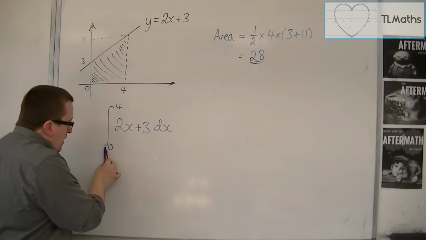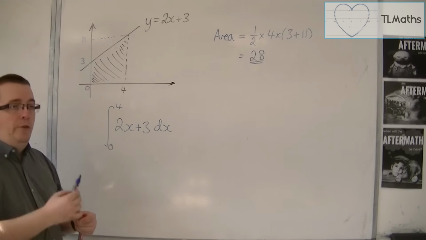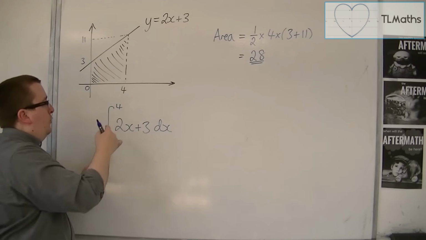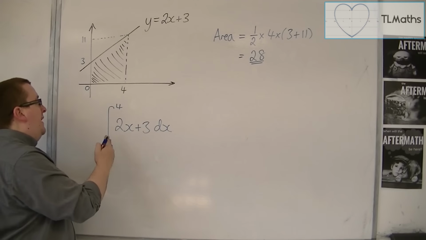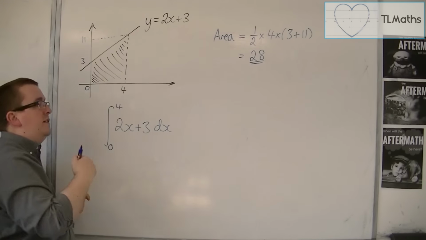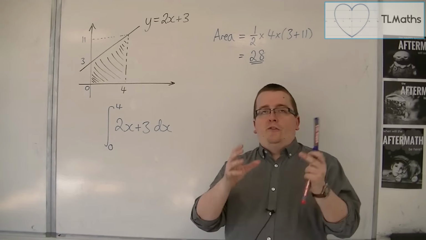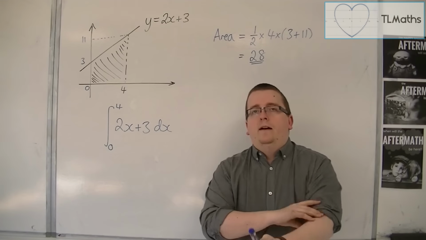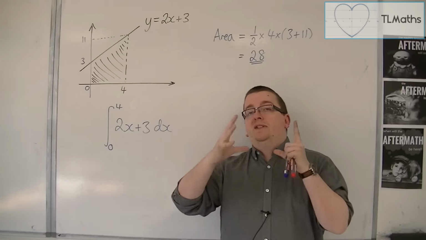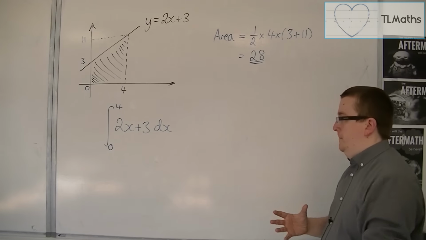So to the right-hand side of the integral goes 0 at the bottom and 4 at the top. So the one on the left at the bottom, the one on the right at the top, okay? Now integration in this way has a very, very particular way of setting it out.